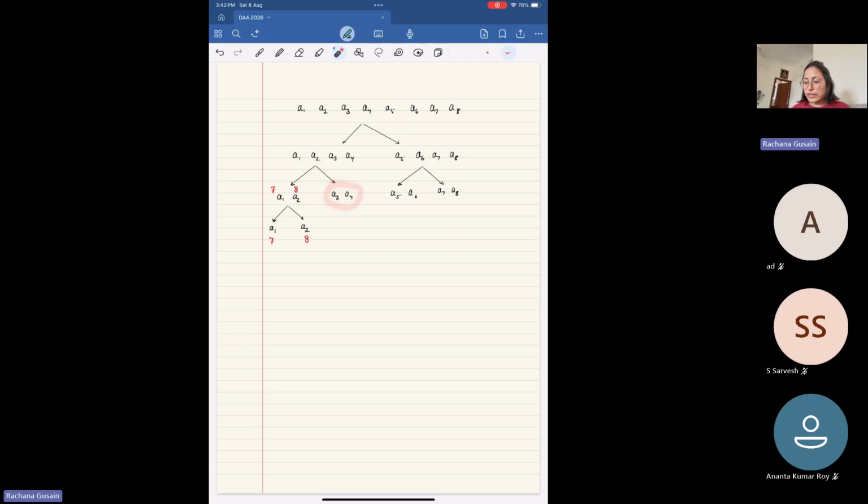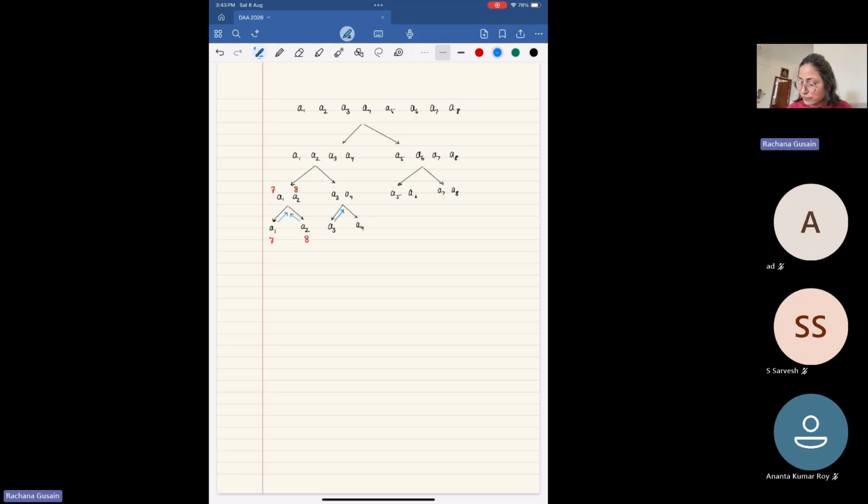Then go to this part, and we'll repeat it for A3, A4 as well. So here again, the recursion stops, and then you merge them. So I'm going to show the merge step like that.